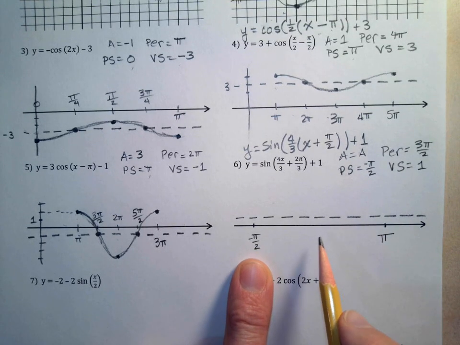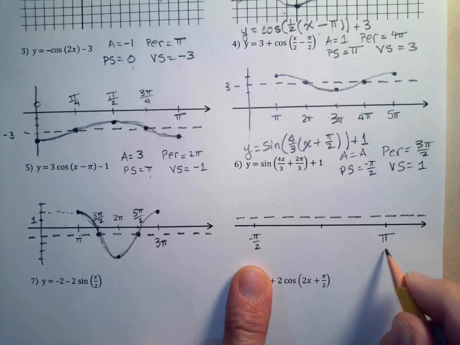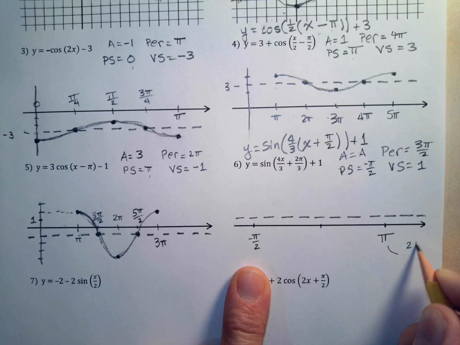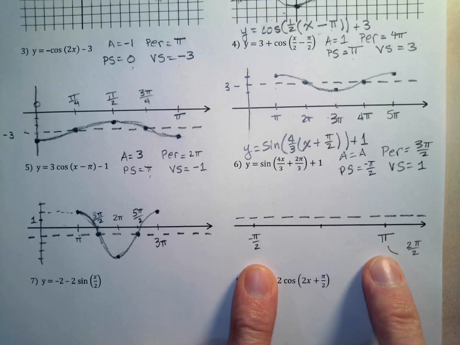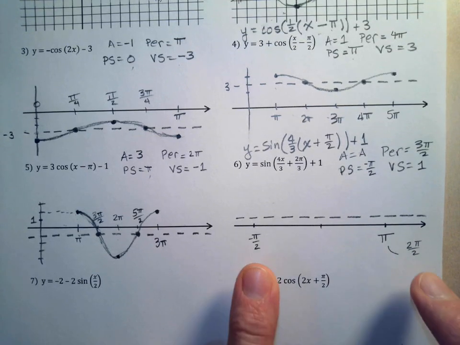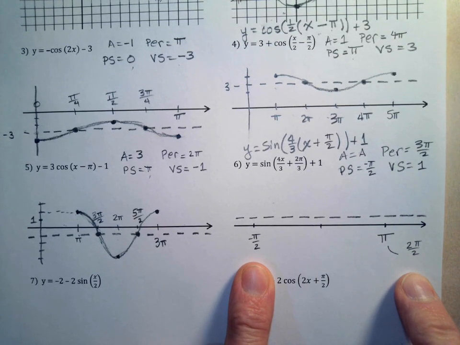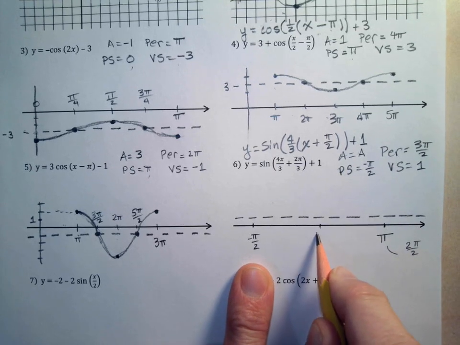All right, and then halfway between, again, this would be helpful to think of as 2 pi over 2, so that we get a common denominator. But halfway between these two is going to be pi over 4.